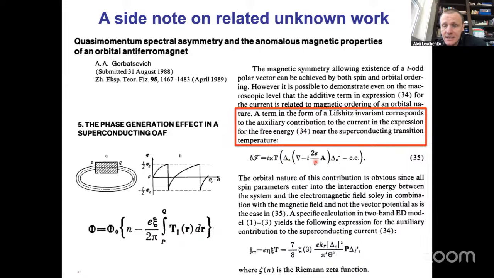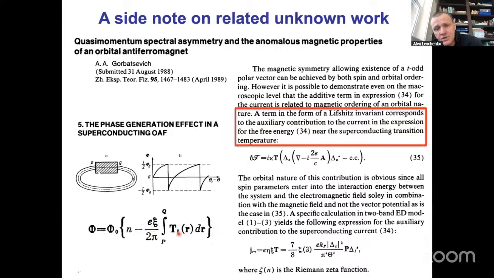And as you can see, he writes a term which is identical to what Edelstein wrote, but in a different system. Later in the paper, he also comments that if you put this material in a SQUID and subject it to a magnetic field, you will see that fluxoid quantization will have an unusual phase shift.